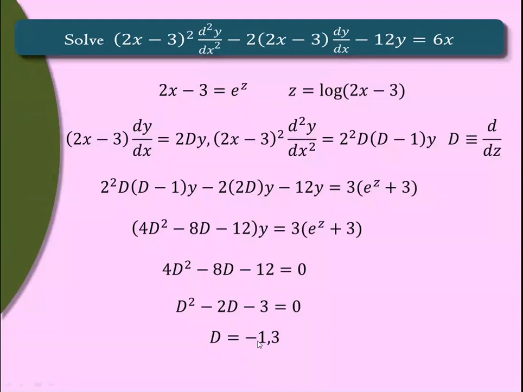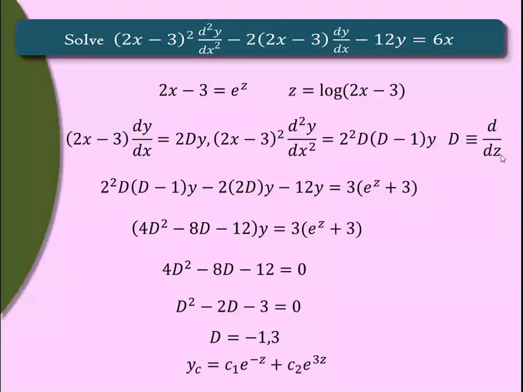So the solution will be C1 e raised to minus 1. Don't forget, answer must be in z, because we are having d as d by dz. So it is C1 e raised to minus z plus C2 e raised to 3z. Okay. If we have d as d by dx, we get answer in x.